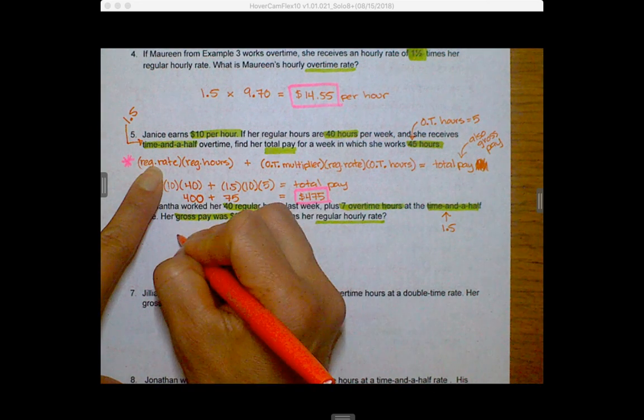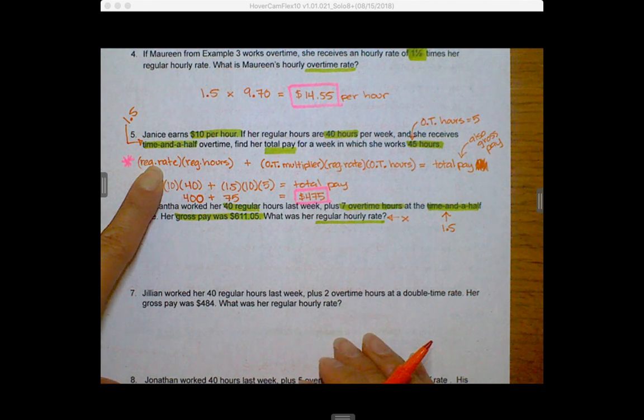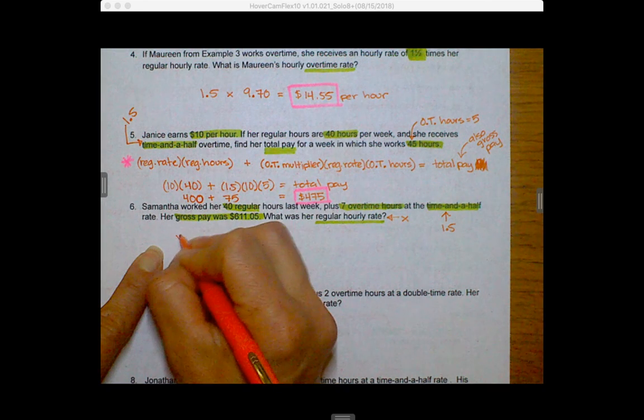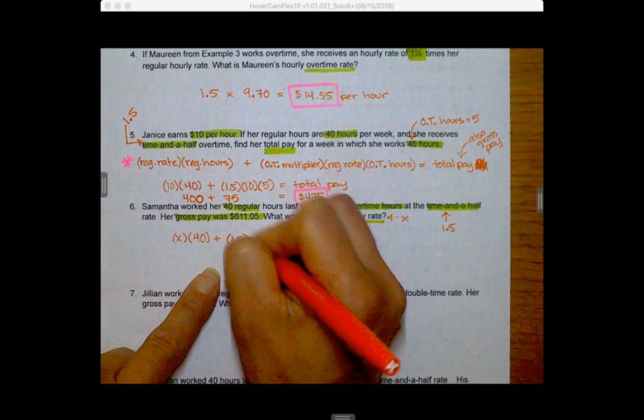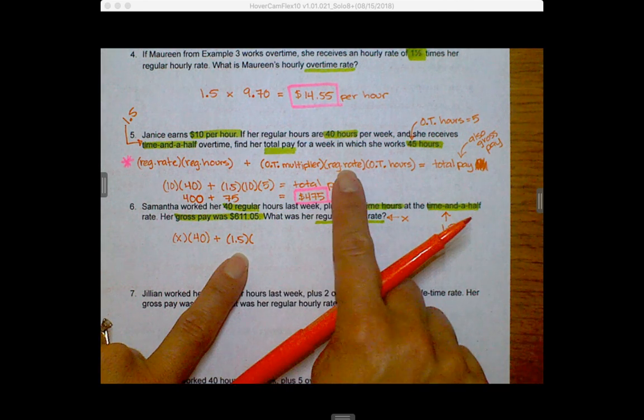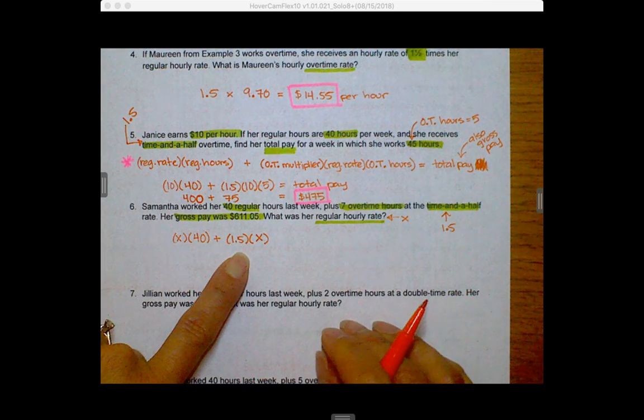So what we need to do is call the rate something we don't know. Let's just call it X, and we're going to fill in everything else we do know. So I'm going to set up my formula. X times her regular hours, which is 40, plus her overtime multiplier, 1.5, times her regular rate, again we don't know what it is, so let's call it X, times her overtime hours.